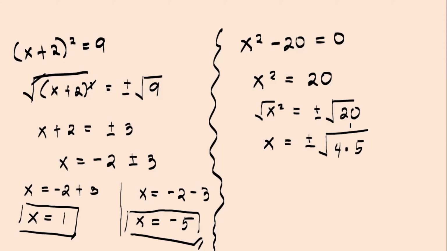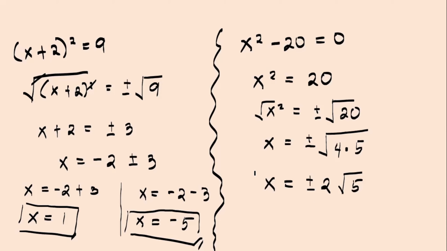And next, since this 20 is just the same with 4 multiplied by 5, pwede natin kunin yung square root ni 4. So that is x is equal to positive, negative. Ano yung square root ni 4? We have 2. Square root of 5. Okay, square root of 5. So 5 is not a perfect square, then just copy square root of 5.